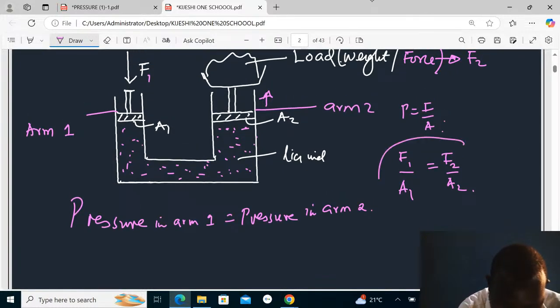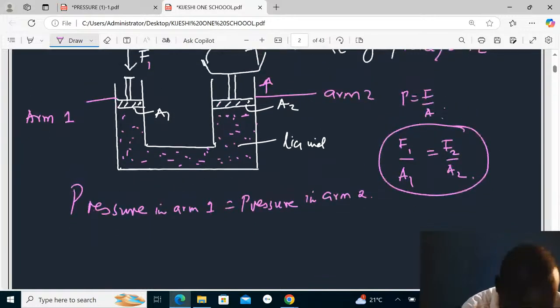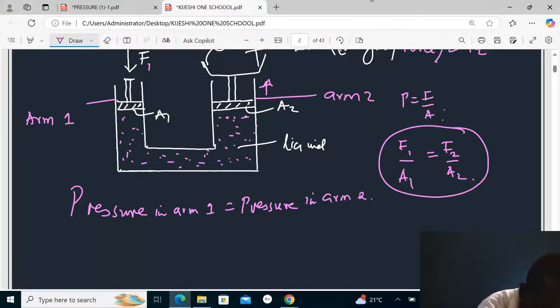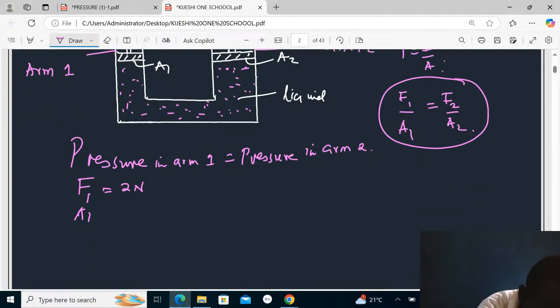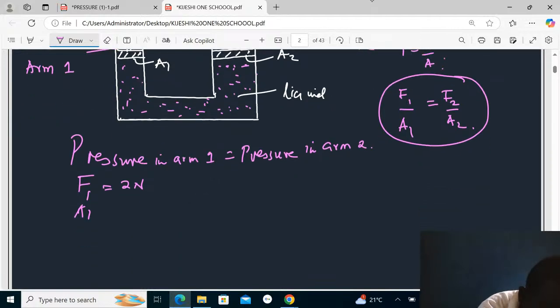This is the summary of all this. But now, suppose we say that force 1 is 2 newtons, area 1 is 3.0 square centimeters.